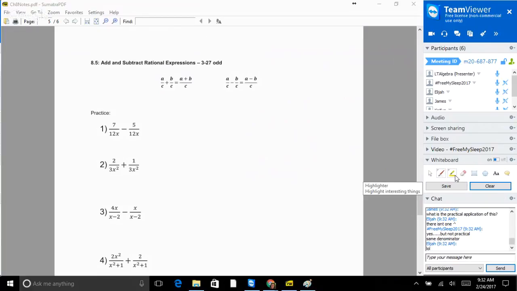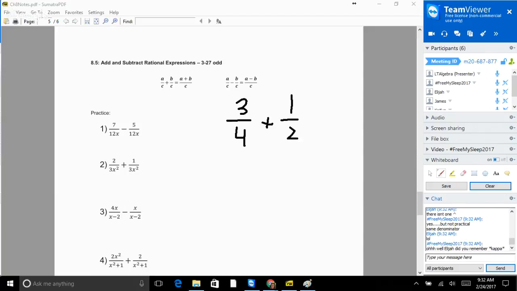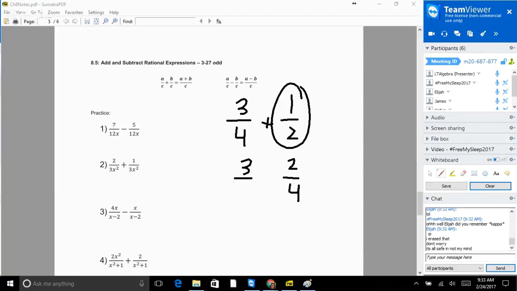Okay, so a long time ago, if you had 3/4 plus 1/2, can you add them like they're written? No, because they have different denominators, right? You've got to change 1/2 into 2/4, and then we have the same denominator.